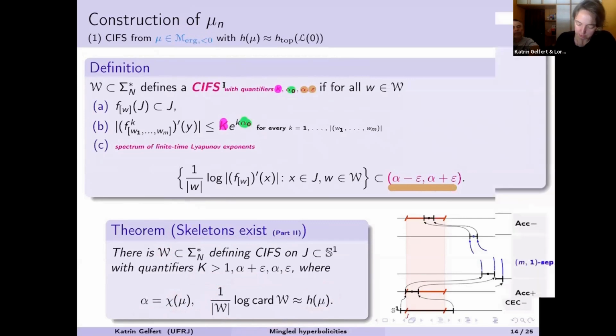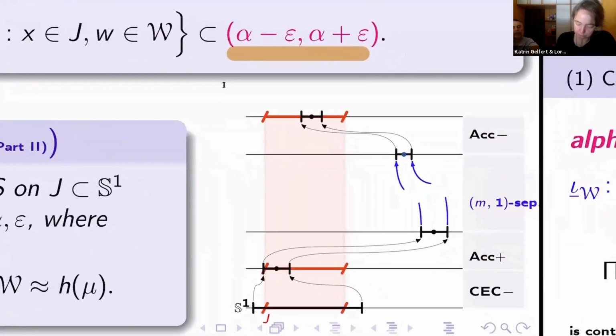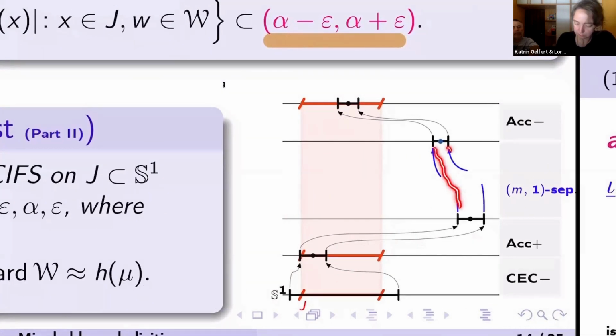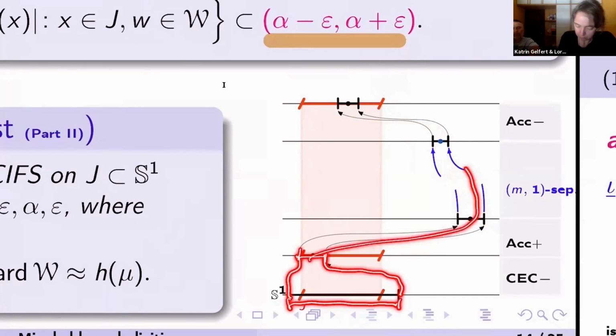Okay, and here is just a sketch of the proof. Again, you take your skeleton of large orbit pieces which are generic from your ergodic measure, which have contraction. So they contract an interval, and then by the axioms, by accessibility, you can put this in your blending interval, backward and forward. And you can also use this controlled expanding property going backwards. So this gives you some contraction from the blending interval into the blending interval.